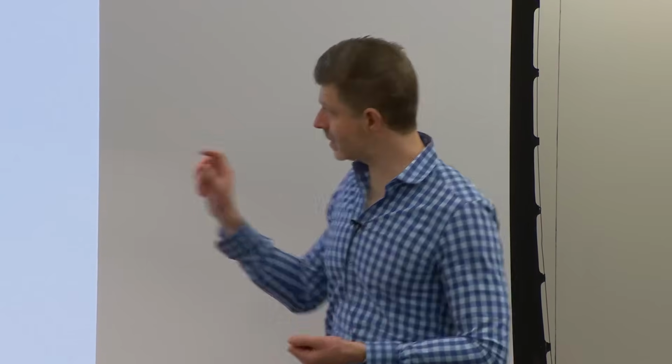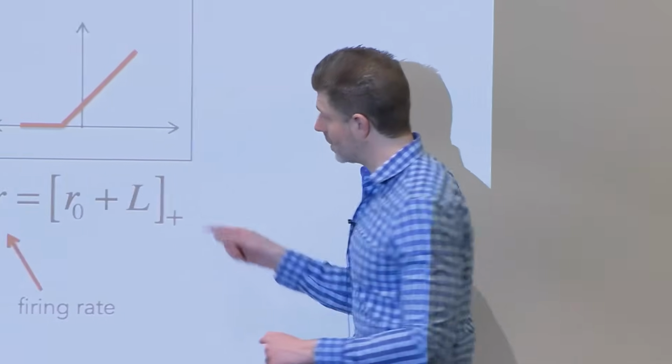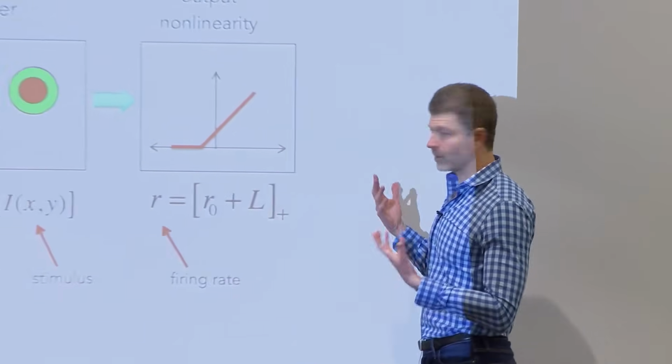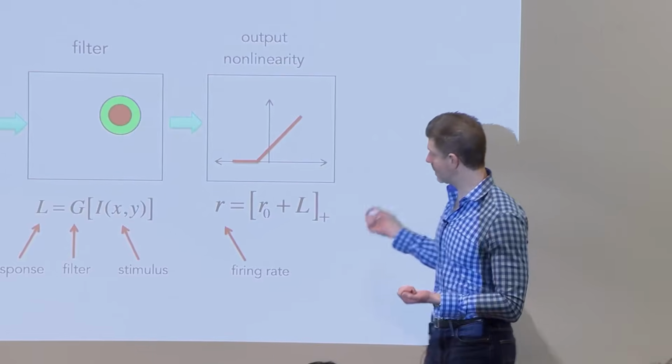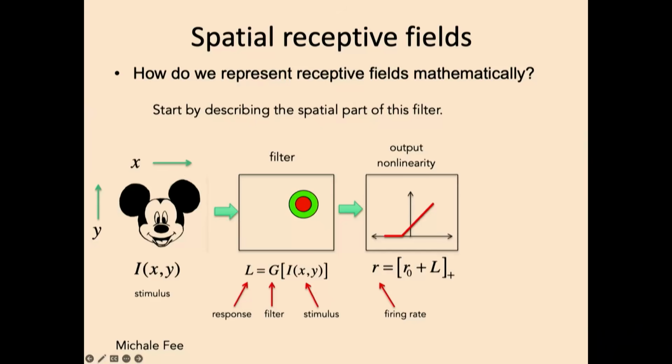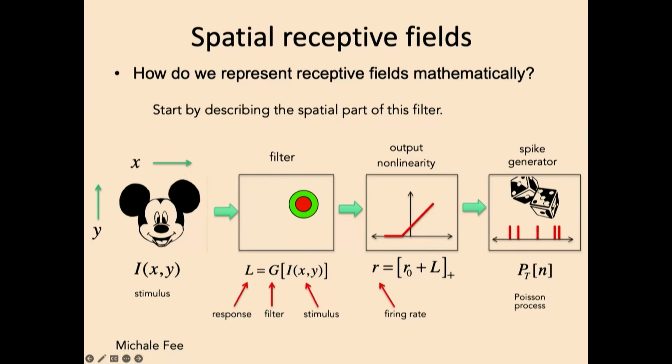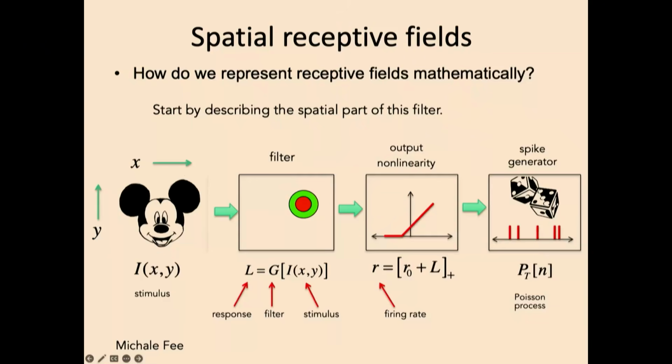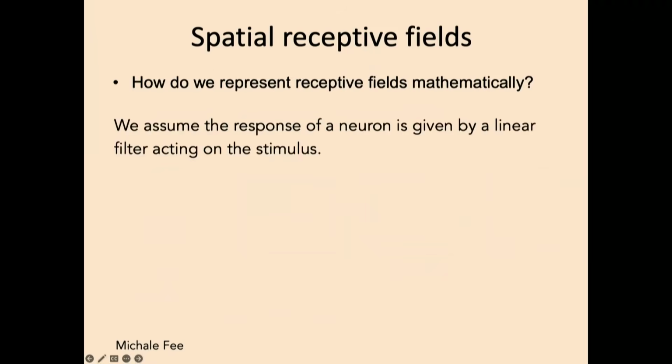And so in addition to this filtering operation, there is an output nonlinearity that will turn the response into a firing rate, and then we'll sample spikes from that firing rate. That's going to be the mathematical model of the neuron, and we will attempt to see whether this does a good job of accounting for those responses.